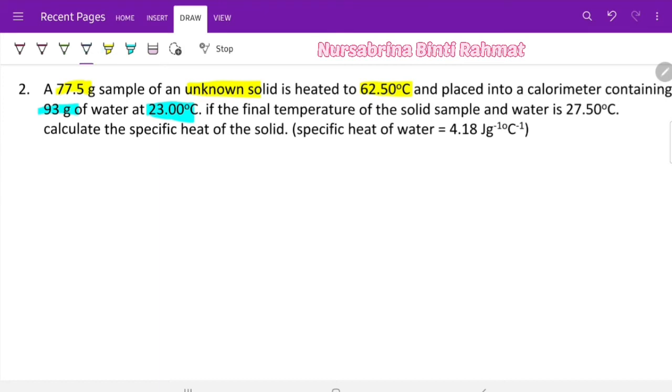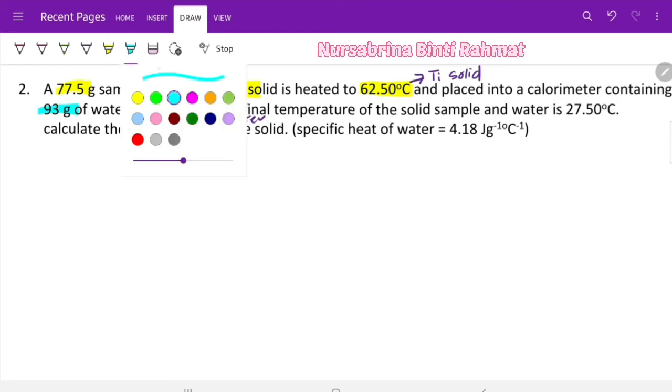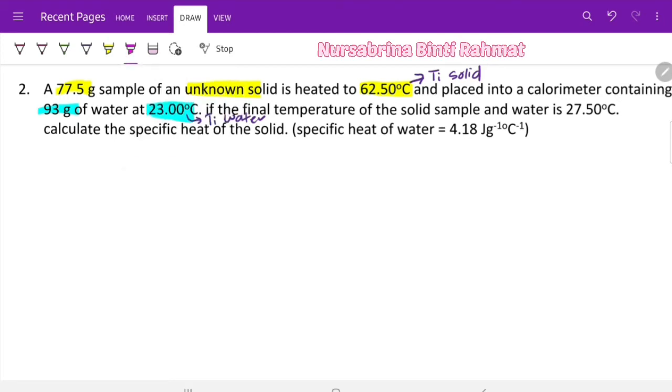That means 62.50 degrees Celsius is the initial temperature of my solid, whereas 23 degrees Celsius is the initial temperature of water. If the final temperature of the solid sample and water is 27.50, the final temperature will be equal for both the solid, which undergoes heat release, and the water, which undergoes heat absorption.